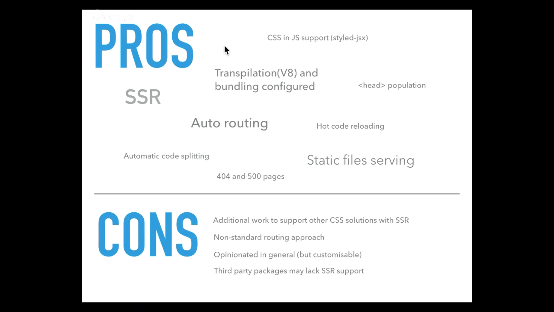It means that in the root of your application you have the public folder and the pages folder, and in the pages folder you create JavaScript files, and each file automatically creates its own route.